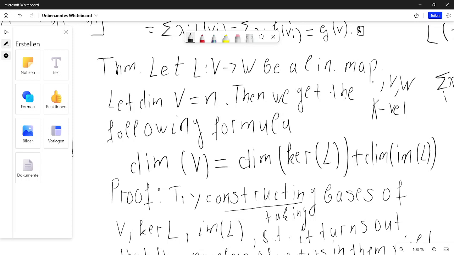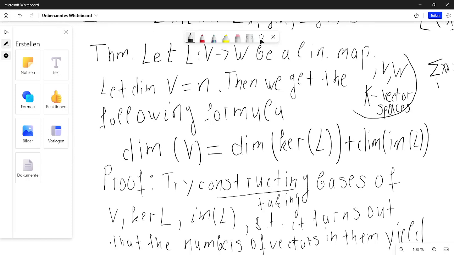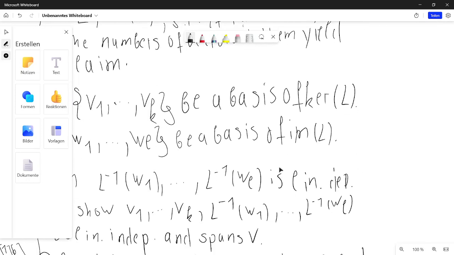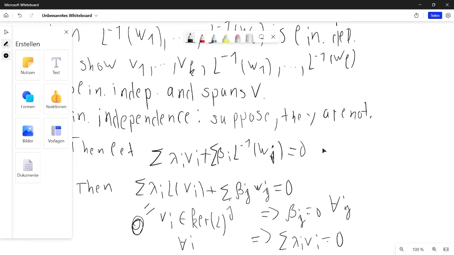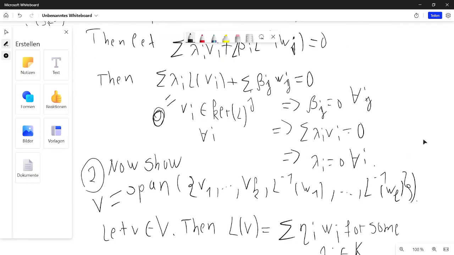That is important, of course. Vector spaces always, I think, would work, but this is already very general. You can believe me.